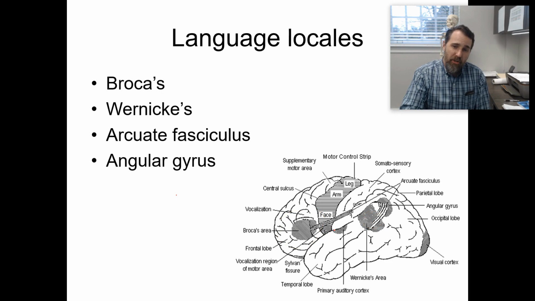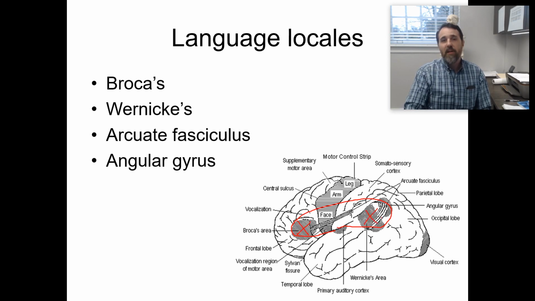Now, if we had a stroke that was large enough and damages the entire zone of language, this person is going to have a global aphasia. There's going to be little to no verbal expression, little to no receptive language, little to no repetition.